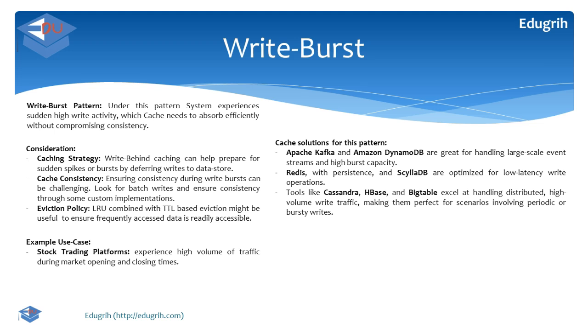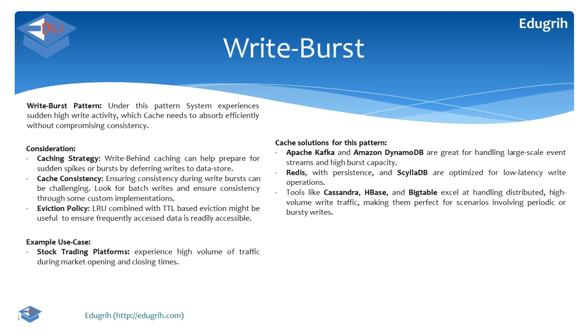Eviction policy: LRU plus TTL becomes the norm even in this particular pattern, to ensure that the most frequently accessed data is always there in the records, with TTL ensuring that all the data set records are refreshed periodically.